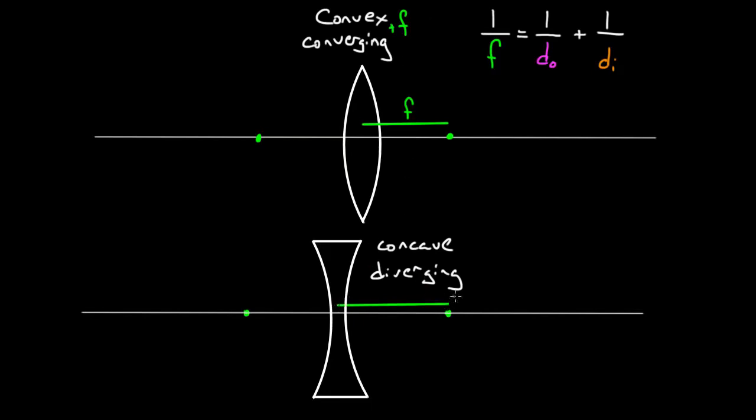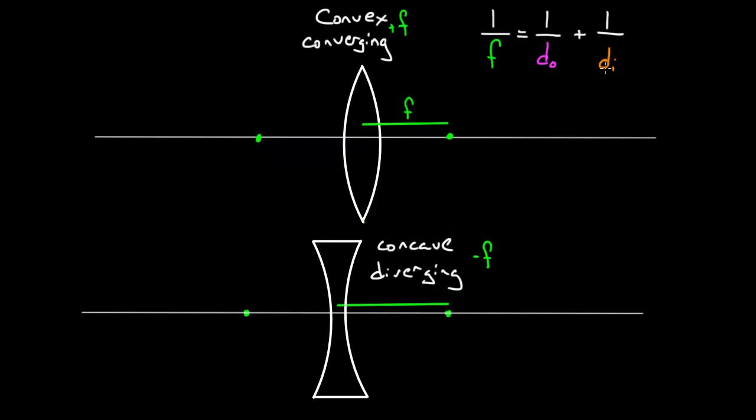And if you measured this, by definition, for a concave or a diverging lens, the focal length is always going to be a negative focal length. So if this distance here was 8 centimeters, you'd have to plug in negative 8 centimeters up here into the focal length. So all you need to look at is what type of lens you have.